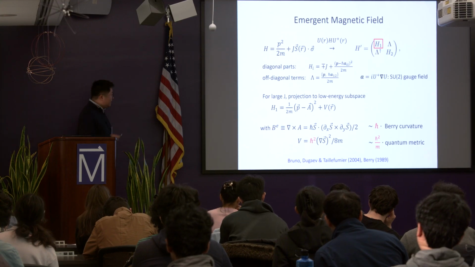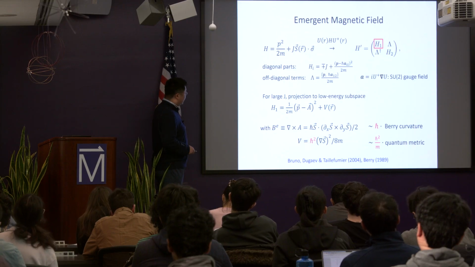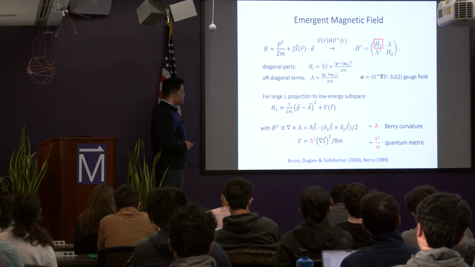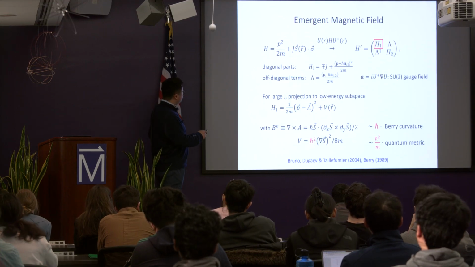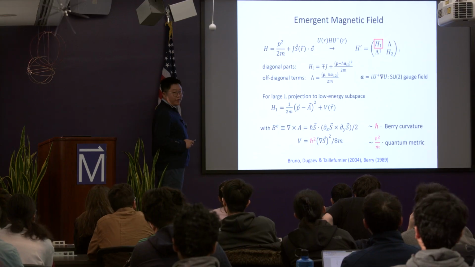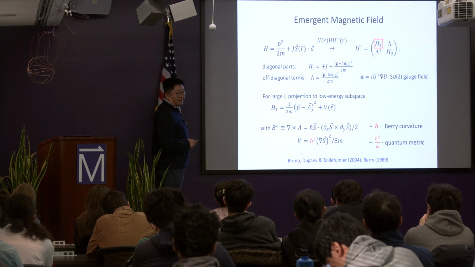Now, this idea has been conceived quite some time ago, and in particular, the framework I'm going to be using considers a particle in continuum space with kinetic energy p²/2m, and this particle has a spin degree of freedom, which I call sigma.